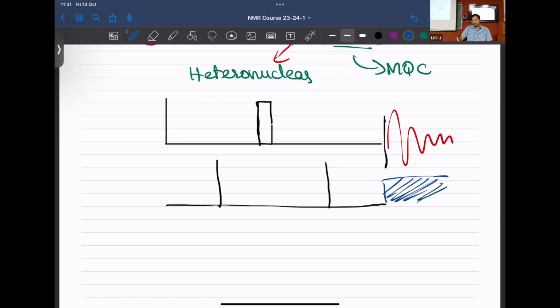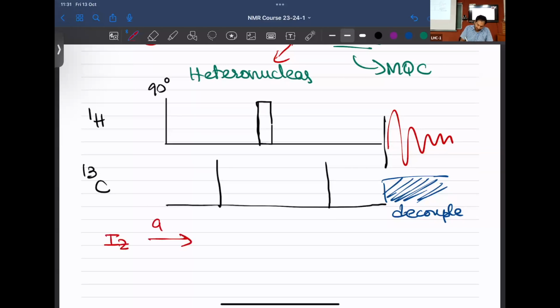From here on, when I do something like this, it implies decoupling. The two channels that you're trying to look at are proton and carbon. The first pulse that you end up applying is a 90-degree pulse on the proton. You start with the thermal equilibrium of proton, apply a 90-degree X-phase pulse, and end up generating minus Iy.